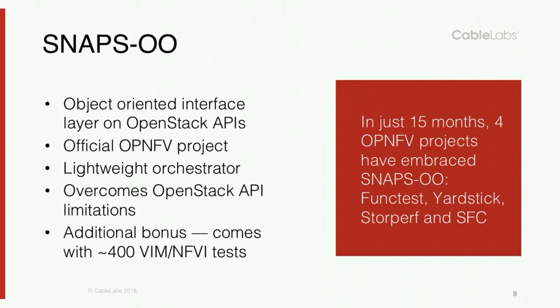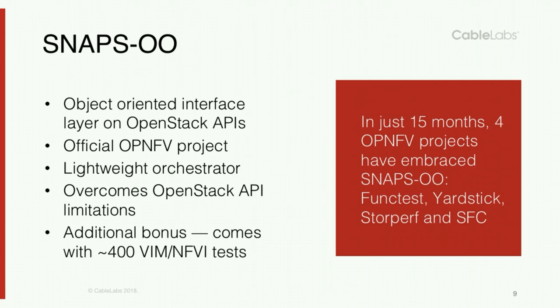As a testament to how successful SNAPS-OO has been, in just 15 months, 4 other OPNFV projects have embraced SNAPS-OO. Those projects are FunkTest, which deals with functional testing of NFVI and Vim, Yardstick, which deals with performance testing, StorePerf, which is another performance testing project specifically testing storage performance and connectivity from compute to storage, and SFC, which is service function chaining.